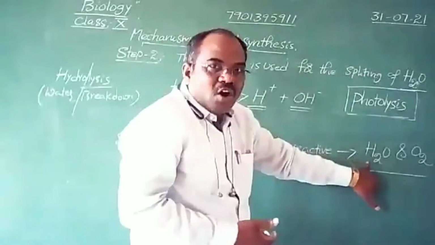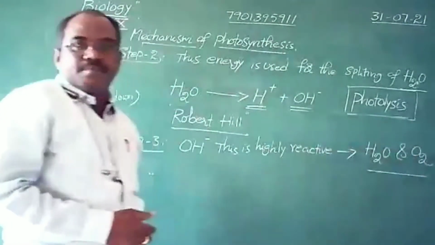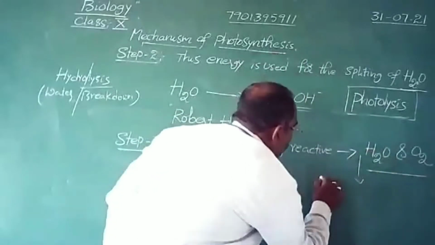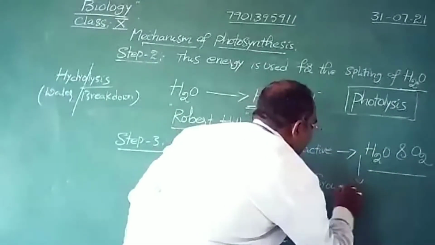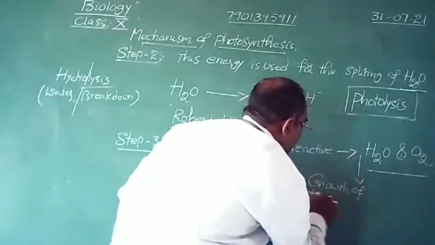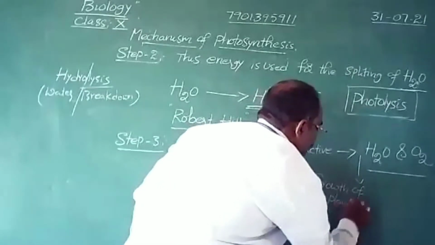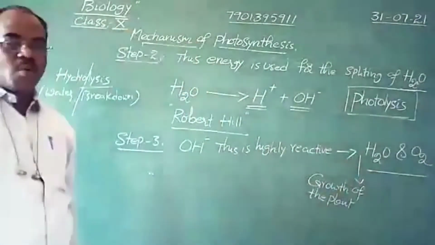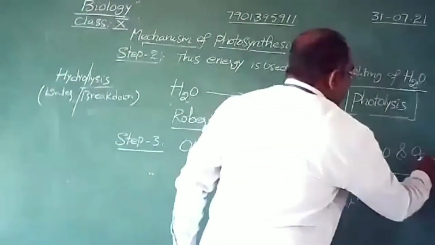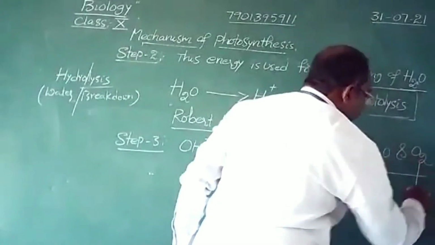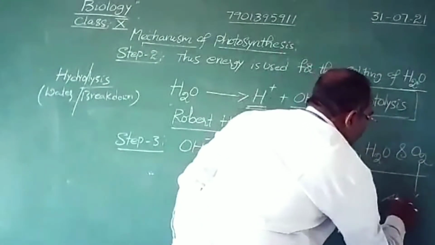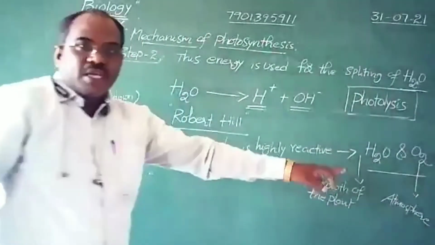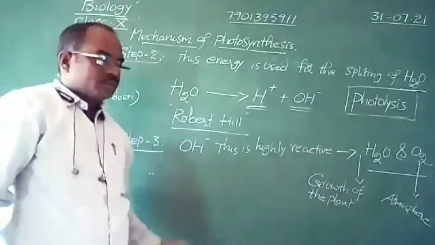They can form water and oxygen. Water is essential for growth of the plant body. Oxygen is escaped into the atmospheric air.